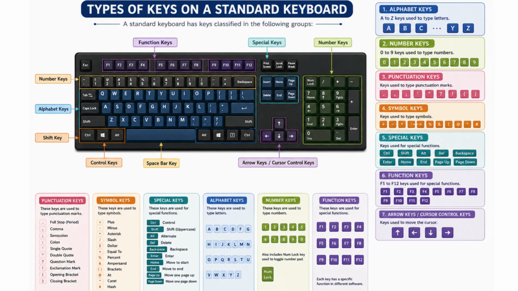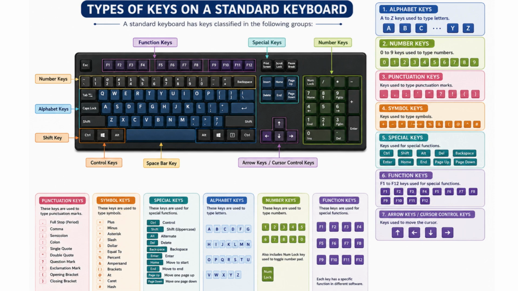Alphabet keys are from A to Z, that is used to type the letters. Next we have number keys, that is from 0 to 9. That means 0, 1, 2, 3, 4, 5, 6, 7, 8 and 9.